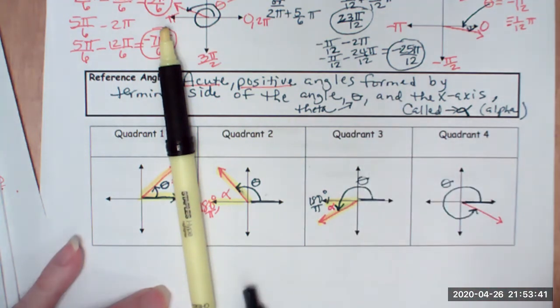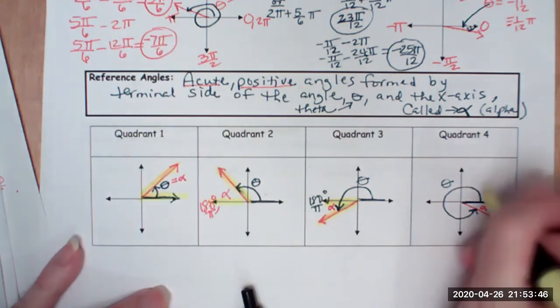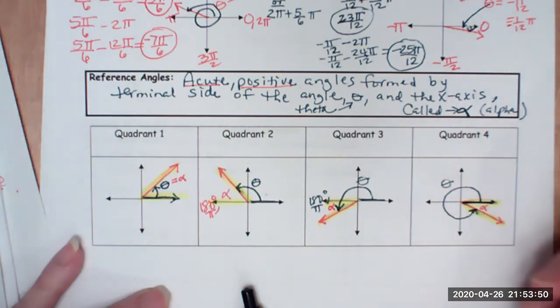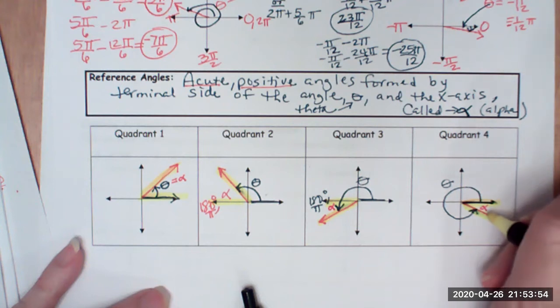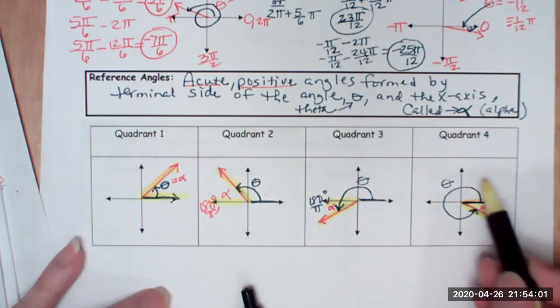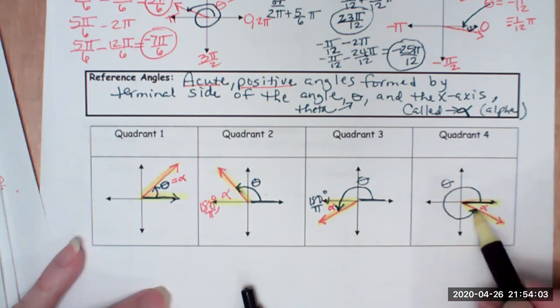But alpha is here because alpha is formed by the terminal side of the angle theta and the x-axis. And we're always going to consider it acute and positive. So for example, in this situation, this might be a 330 degree angle theta, and this might be 30 degrees for the angle alpha.